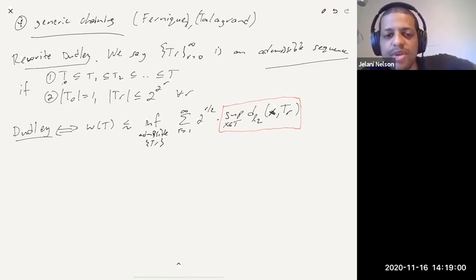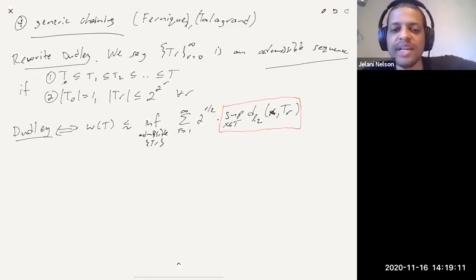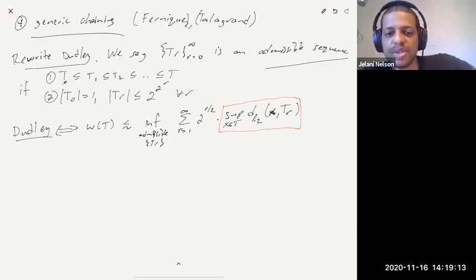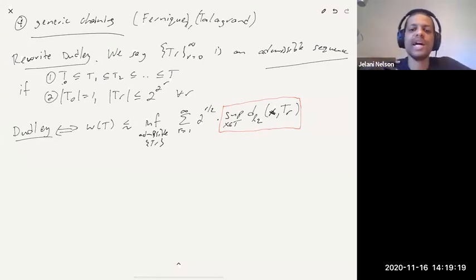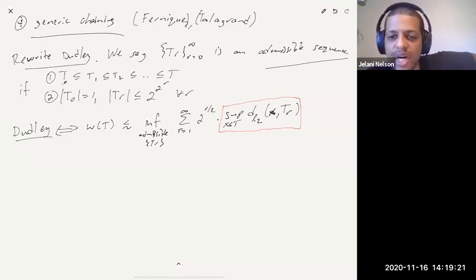Meanwhile, what's happening to 2 to the r over 2? It's a geometric series, right? We have 2 to the 1 over 2 plus 2 to the 2 over 2, and so on. 2 to the 1 half is root 2. So we have root 2 to the 1 plus root 2 to the 2 plus root 2 cubed, etc. That's a geometric series with base root 2. So a geometric series here is dominated by its last term. So for a while, we have epsilon being 1 times this geometric series dominated by its last term.